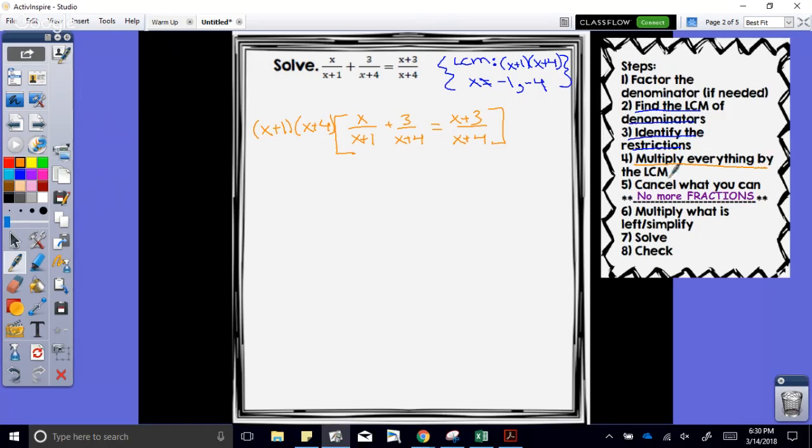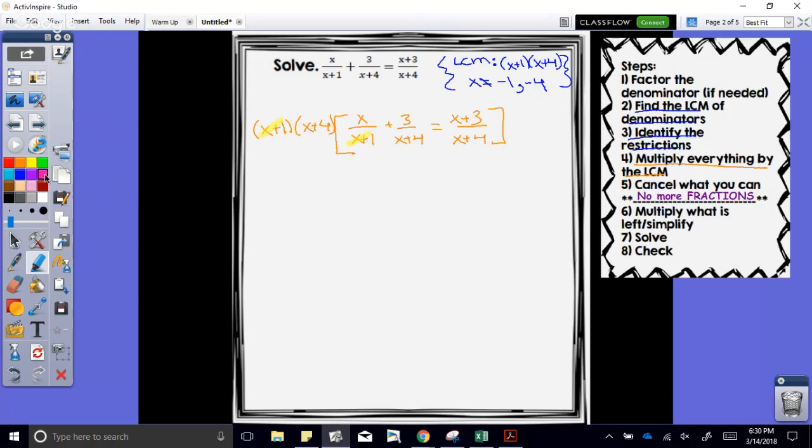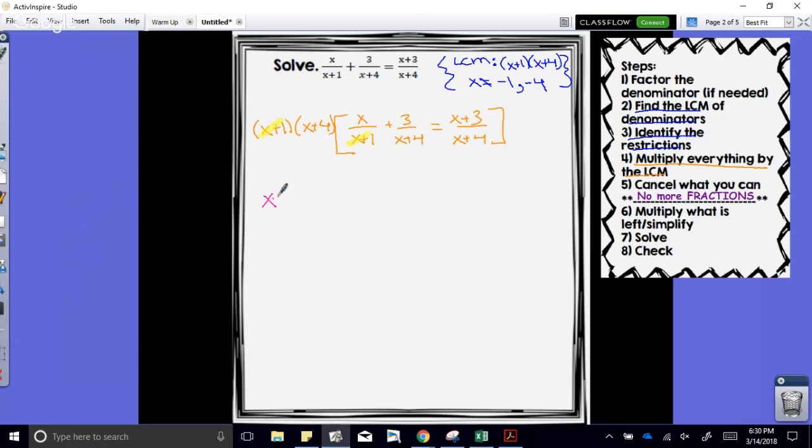And because this gets lengthy to write, let's go ahead and talk about what's going to happen. So the first piece, if I multiply the LCM, the x plus 1s are going to cancel, and I'm left with an x times x plus 4.